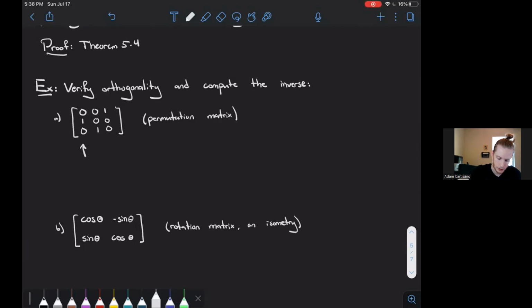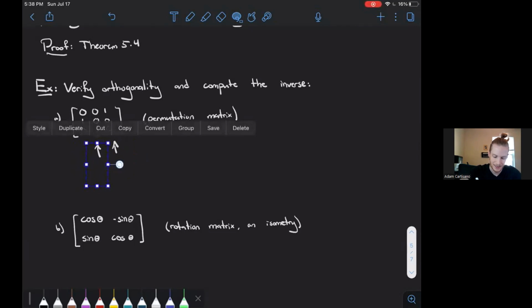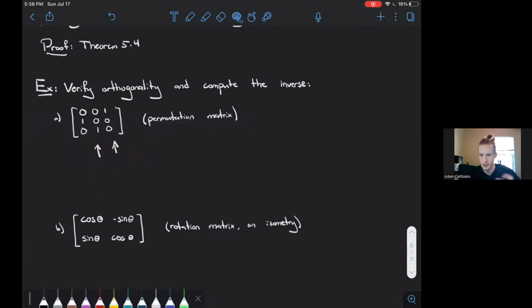So let's do these two. Dot product is 0. Nice. Let's do these two. Dot product is 0. Nice. And the last two. We could just do this by inspection, right? At no point do you even get a non-zero number in the sum that makes up the dot product. So there we go. It's an orthogonal matrix.